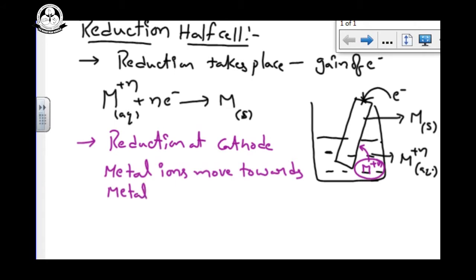So now the potential is developed. Whenever the metal ions move towards the metal, after some time the metal ion concentration in our solution decreases.